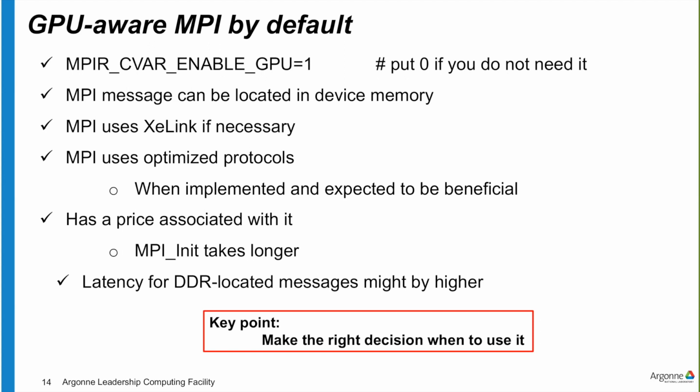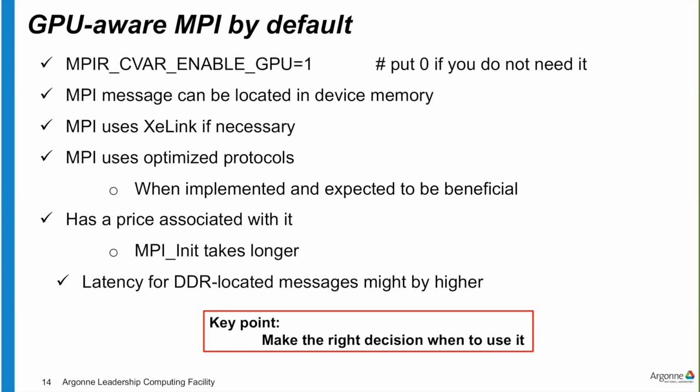Of course, the GPU awareness takes a price. And one of the things that people already reported is that MPI init takes much, much longer. This is important for those people who are running the application in throughput mode, where they run many small MPI processes, each of which is very short, but at the same time, they are running multiple of them at the same time with different data sets.